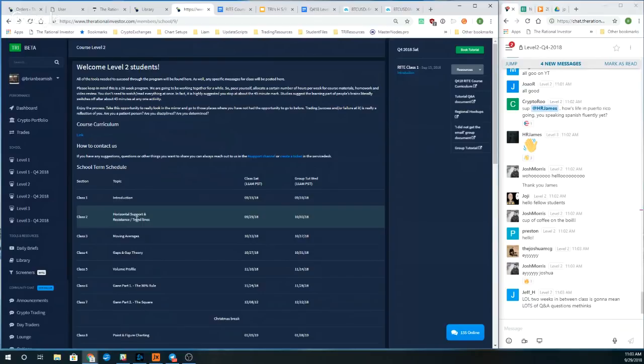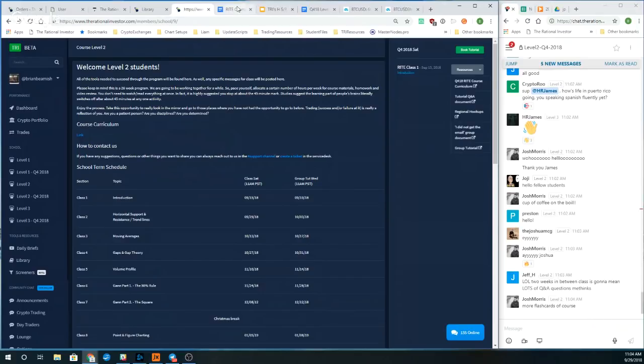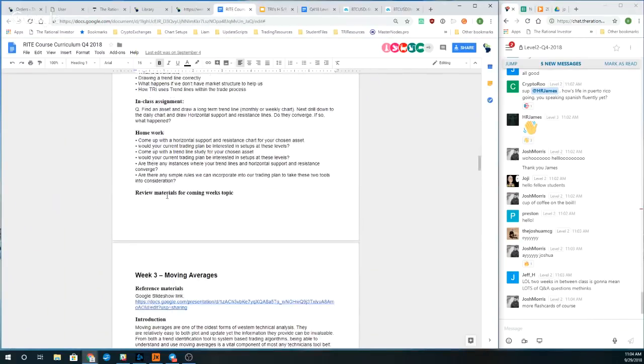Each time we go to a new topic, probably get a new page for notes. And of course, hopefully you're all journaling like crazy through all of this. And you're going to have lots and lots of charts for your notebook. I would even recommend, it's not a bad idea to create sort of like a level 2 homework guide. And in the course curriculum, we do have homework questions, right?